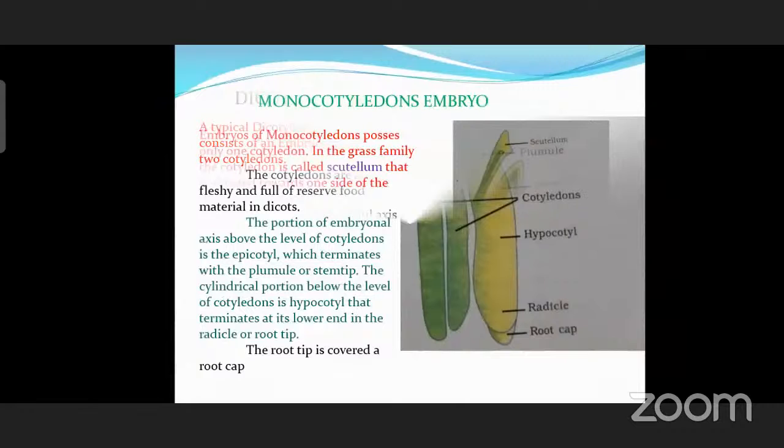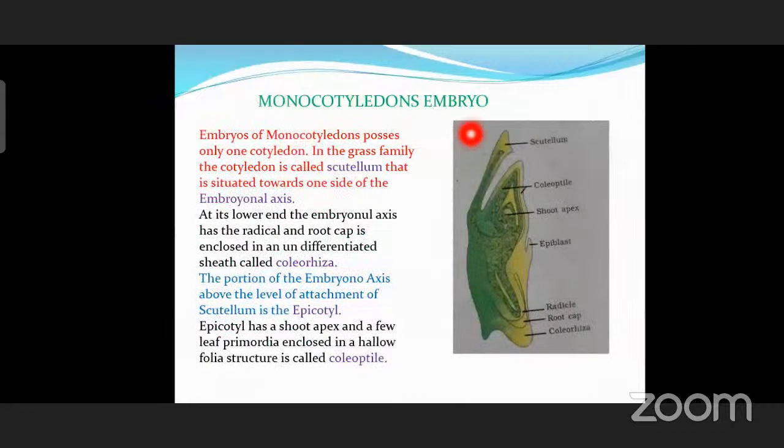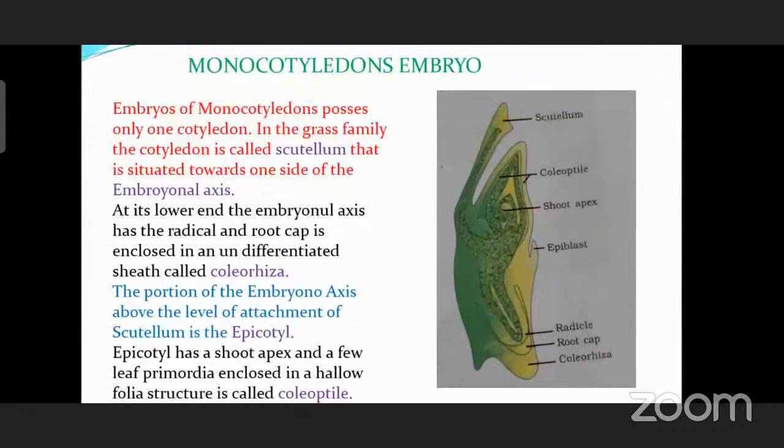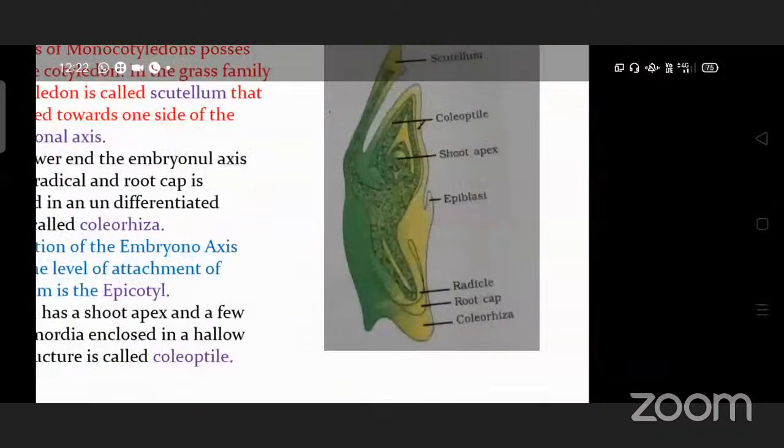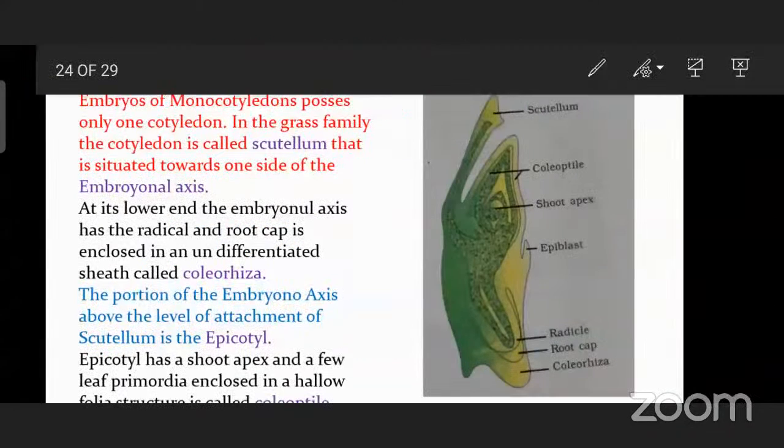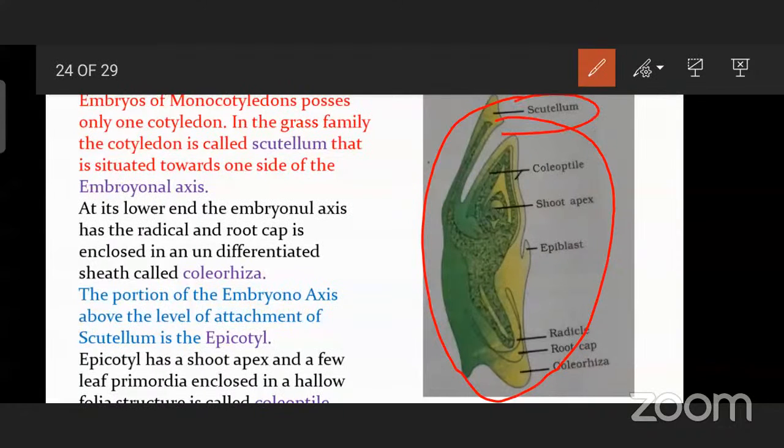And next, monocotyledon embryo. See here, this is the monocotyledon embryo. Embryos of monocotyledons possess only one cotyledon. Example, the grass family, where the cotyledon is called the scutellum. See here, this is the scutellum, situated on one side of the embryonal axis.